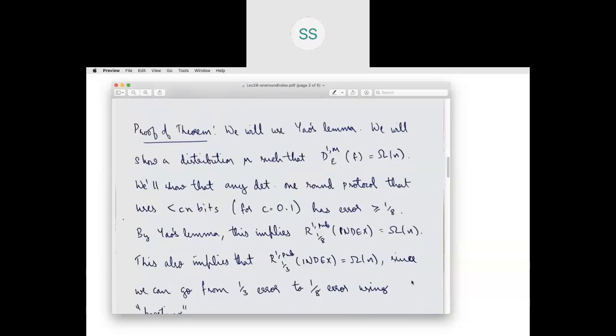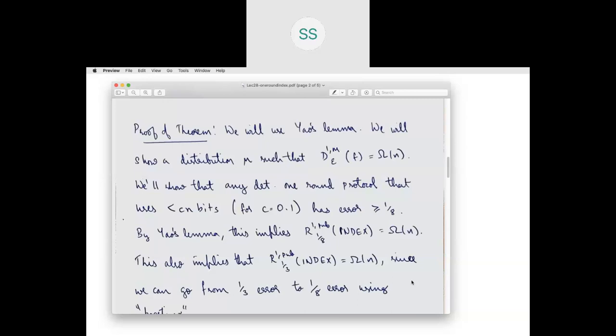And notice that this also implies that, now you may think that 1 by 8 is smaller error than, let's say, 1 by 3. So perhaps for 1 by 3 we may be able to get a protocol with linear complexity, if we allow for a bit more leeway in the error. But the answer is no, because if we had a protocol with 1/3 error, then we can use boosting.